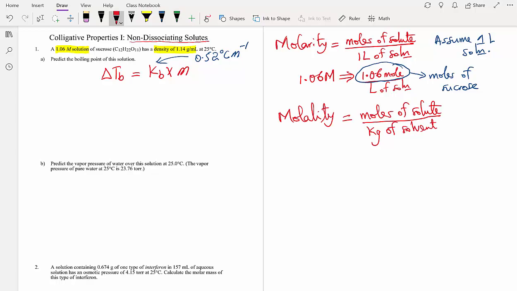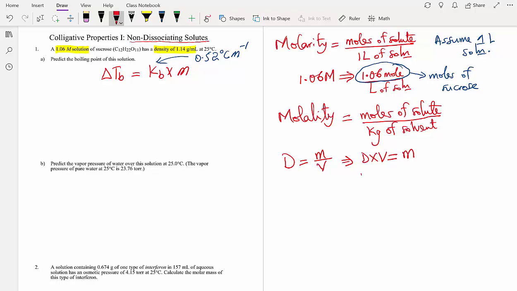The next problem is, how do we find the kilogram of the solvent? And for that, we're going to take a look at the density. From the density, we should be able to find the mass of the solution, because we know that density is equal to mass divided by volume, which implies that density times volume is equal to mass. We know the density of this solution.